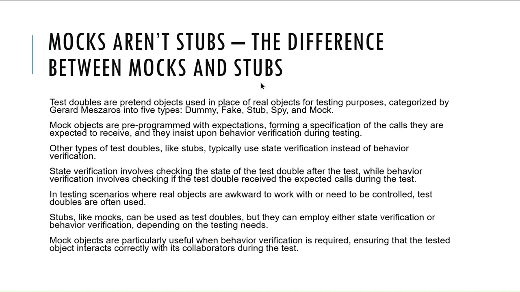The difference between mocks and stubs. Test doubles are pretend objects used in place of real objects for testing purposes, categorized by Gerard Meszaros into 5 types: dummy, fake, stub, spy, and mock.